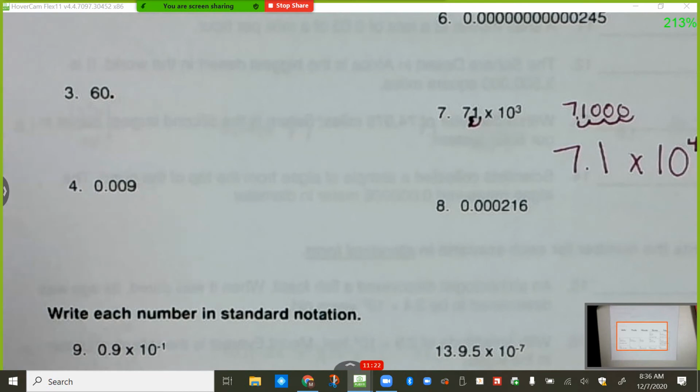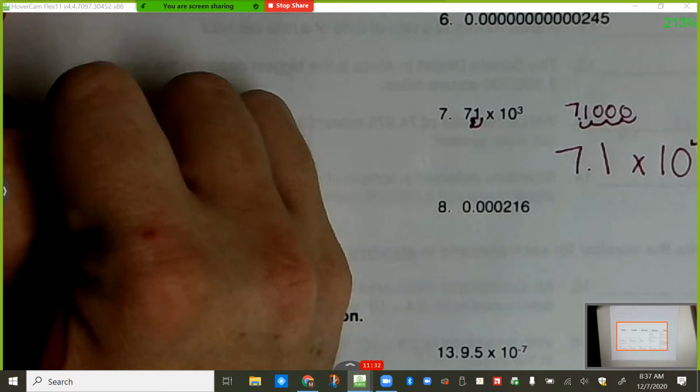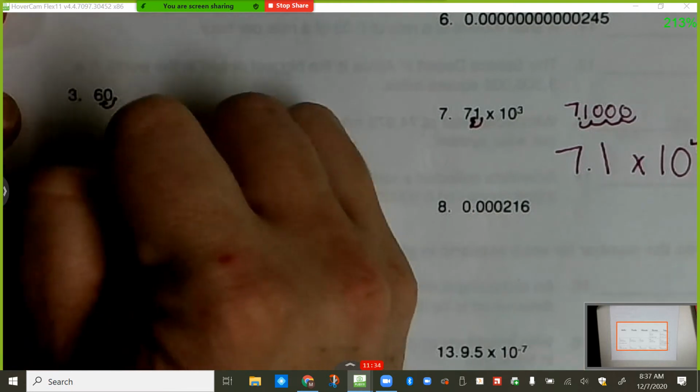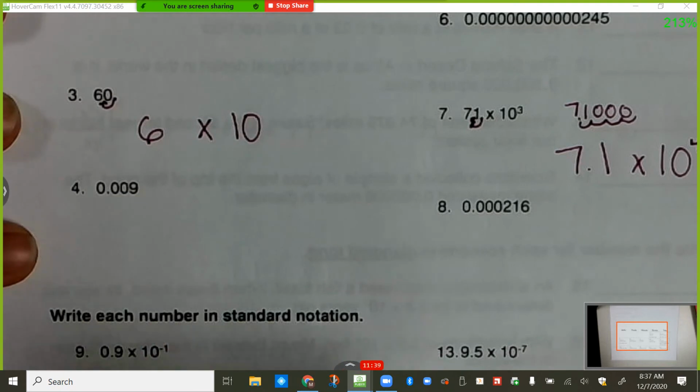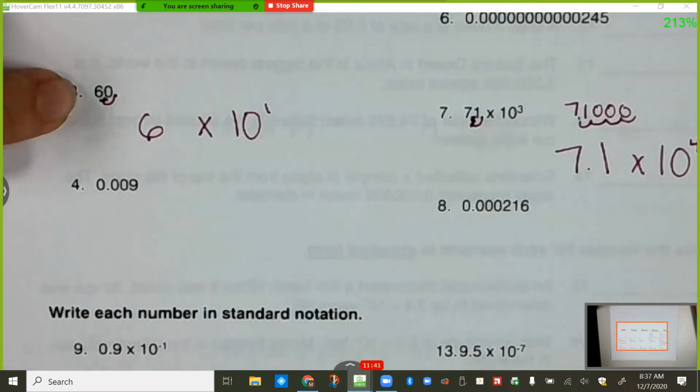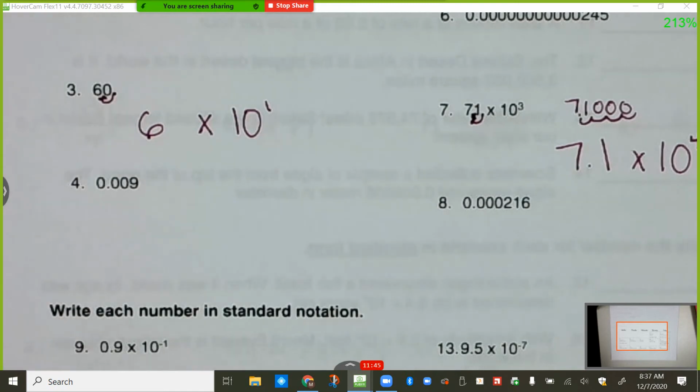Okay, so that's where my decimal is. Now to put this in proper scientific notation, which way am I moving my decimal and how many times? One time to the left. Okay, so I get 6 times 10. How many times did I move it? Once, and it was a number bigger than 1, right? 60 is bigger than 1, so it stays positive. That's it. Okay? Don't overthink these.